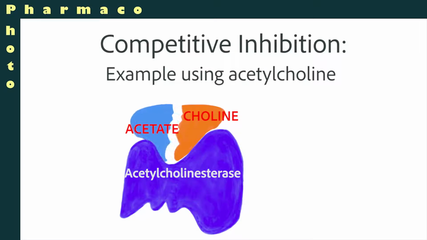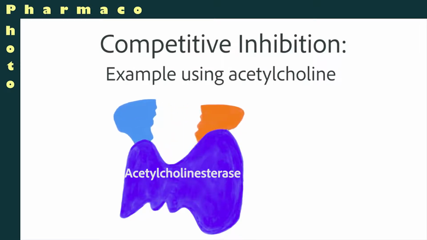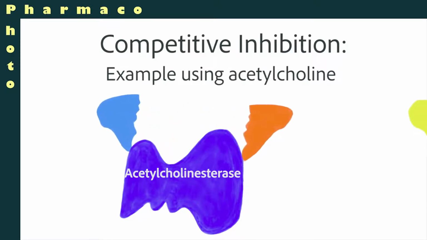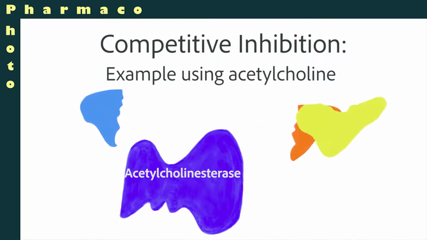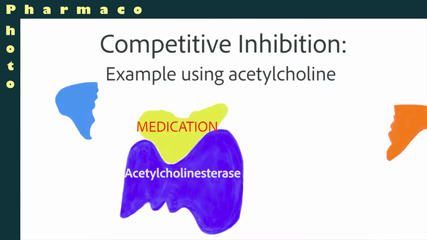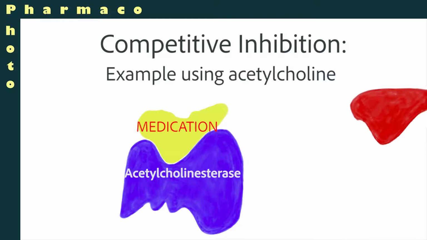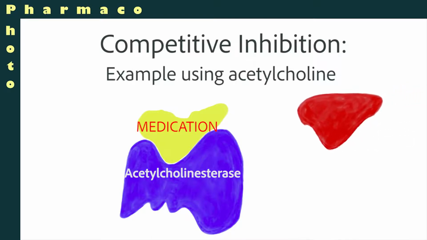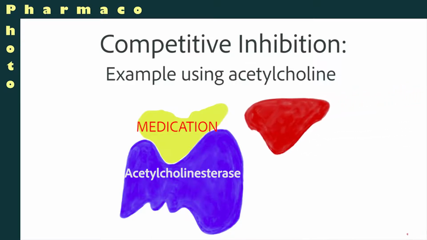Each molecule of acetylcholine esterase degrades about 25,000 molecules of acetylcholine per second. And finally, the medication is in yellow. The medication is competing for the active site on the enzyme, meaning that every second that it is in the active site is a second that the enzyme is not degrading its 25,000 molecules of acetylcholine.